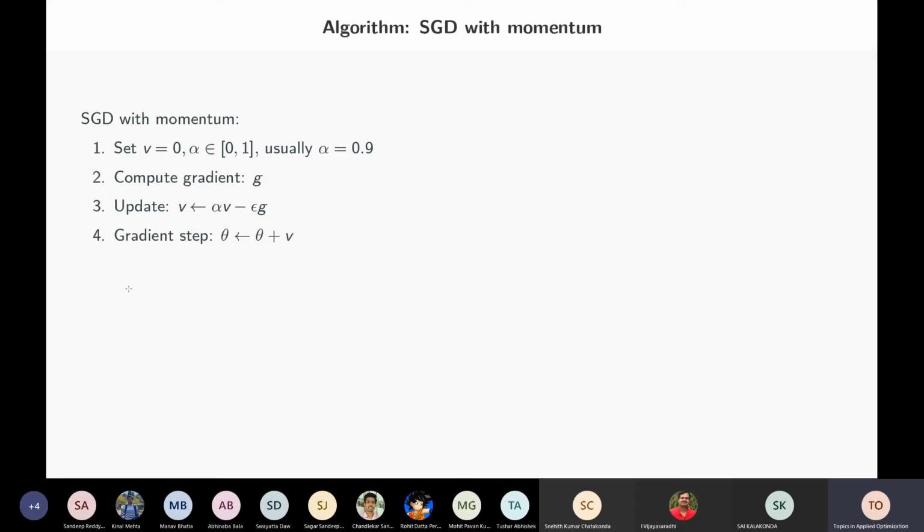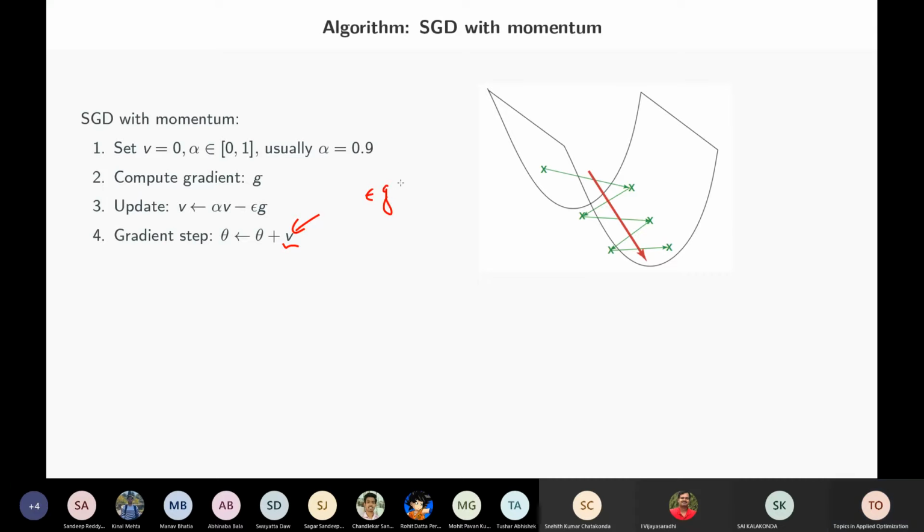So assuming that you choose some appropriate step size, then the gradient step that you compute will be given by this. What is happening here compared to the usual SGD? In the usual SGD, we had just epsilon g. But now instead of epsilon g, we have alpha v minus epsilon g. So there is a slight change here.